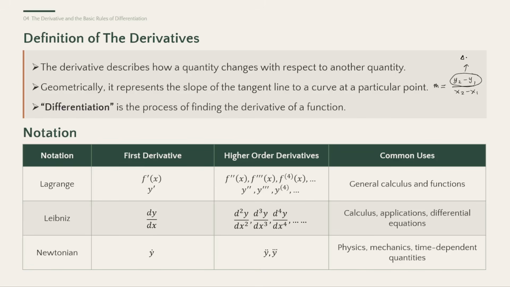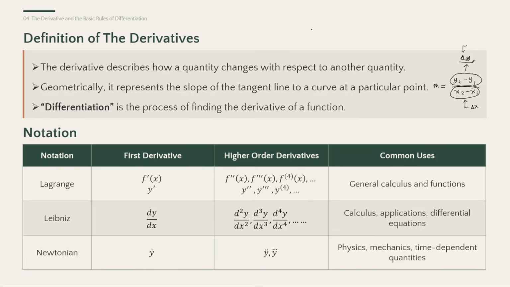This is also the change in y over the change in x, represented by delta. When you see delta in an equation, it means change. Change in y, and this one is change in x.